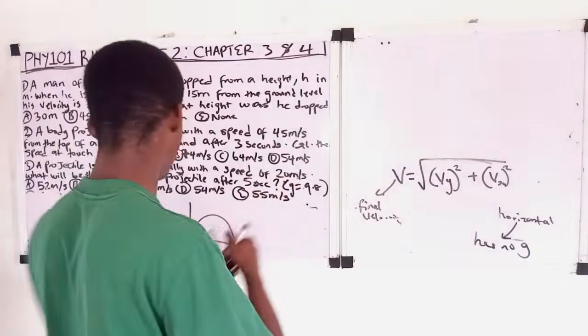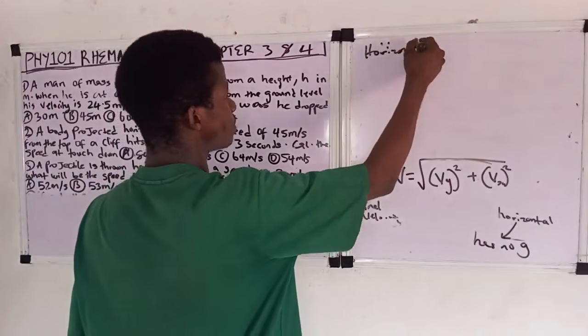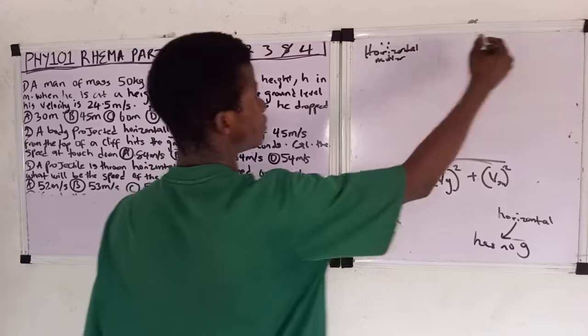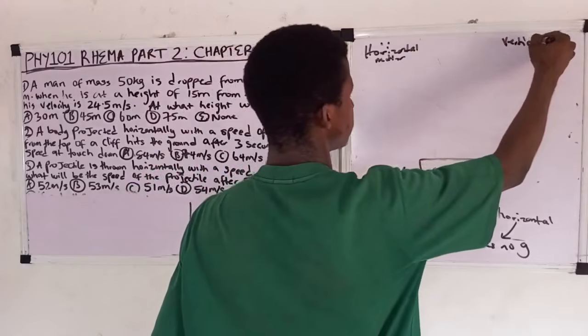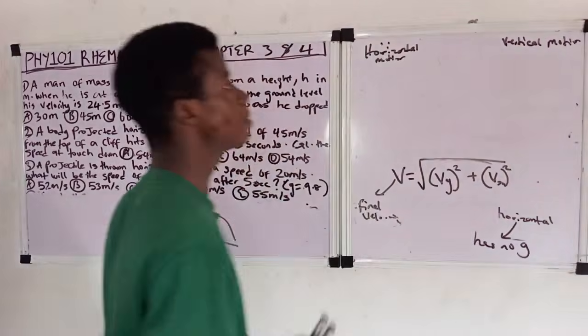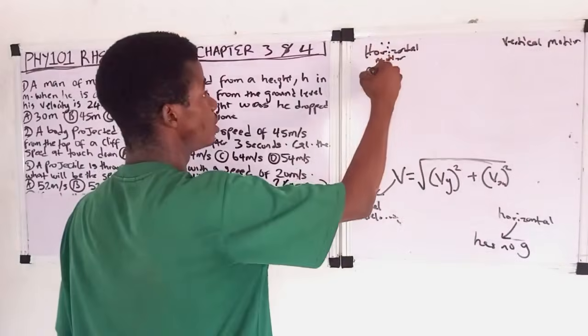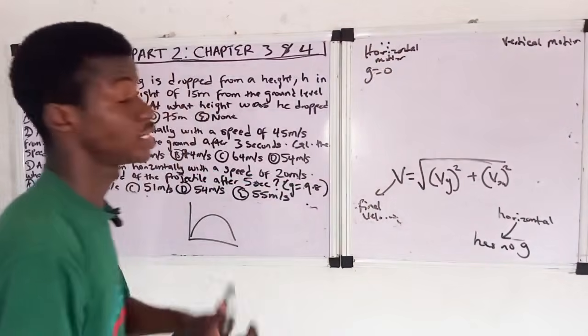Now, let me divide this. I'll give you the formulas: horizontal motion, then vertical motion. Remember, I told you that in horizontal motion, g is 0, there's no g, and u is constant.